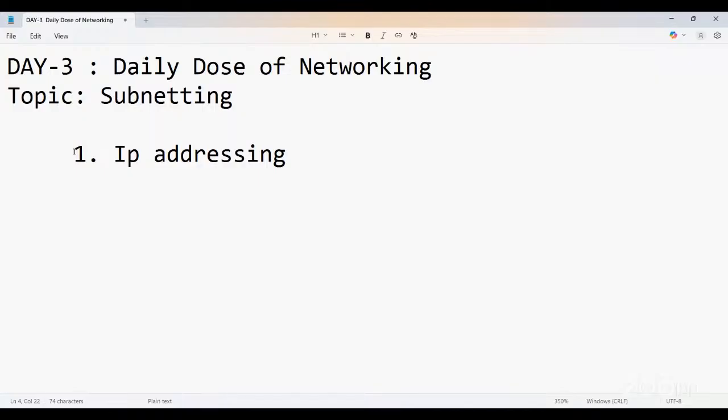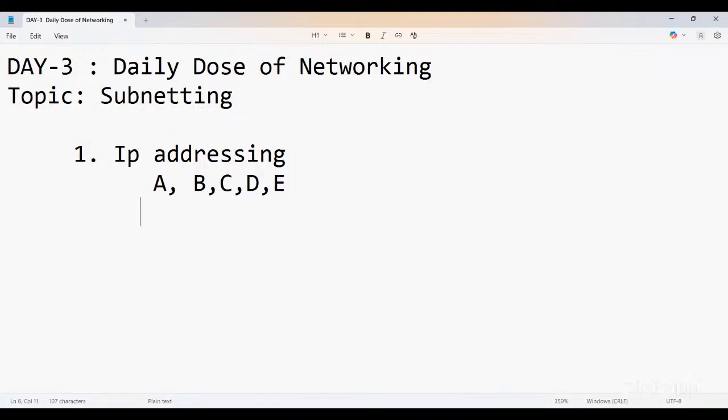So now we will be starting. We can just review a little of whatever we covered yesterday. In IP addressing, we did cover that there are IP classes: class A, class B, class C, class D, and class E. Every class is significant in the way it has a number of IP addresses.